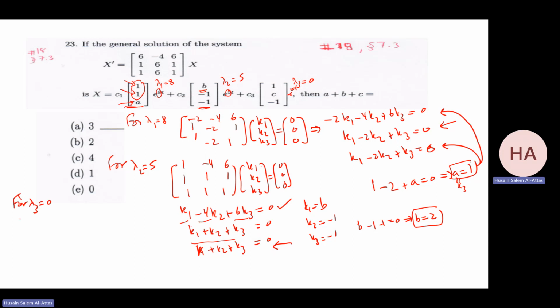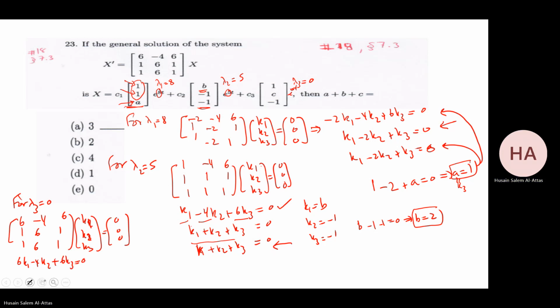What do I have? 6, minus 4, 6, 1, 6, 1, 1, 6, 1, times k1, k2, k3. That would be 0, 0, 0. So what are the equations? 6k1 minus 4k2 plus 6k3. I did not solve anything. The third equation is the same, very clear.